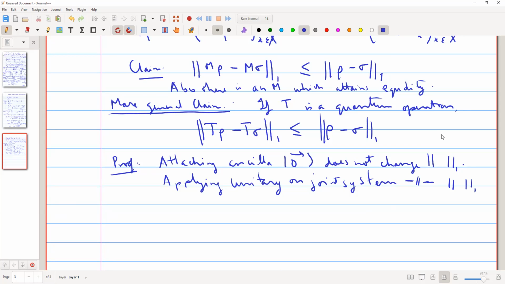Here the only thing that will reduce it is the trace out operation. So tracing out cannot increase the L1 distance, and that is what we have to prove. This is the only non-trivial thing to prove, and the proof is very easy once we have the alternative characterization.